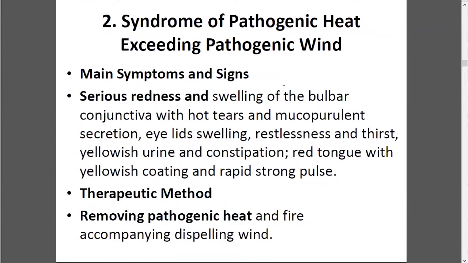Then we're talking about the pattern still wind heat, but with more severe heat. 枳壳 is for moving qi.